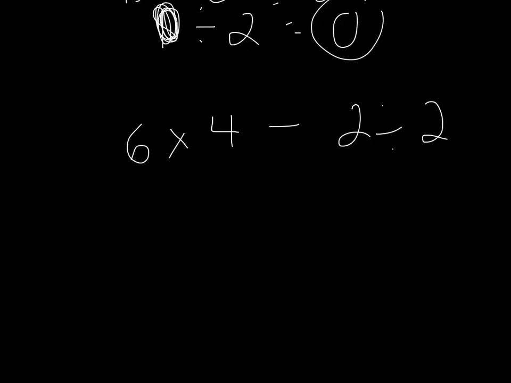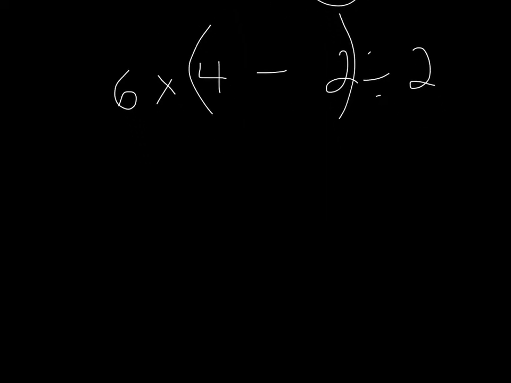So 6 times 4, you could do that as an equation first, or you could do what we did before, 4 minus 2 first. You could do any combination and just try them 4 different times and see how your answer changes every time you place the parentheses in a different spot.